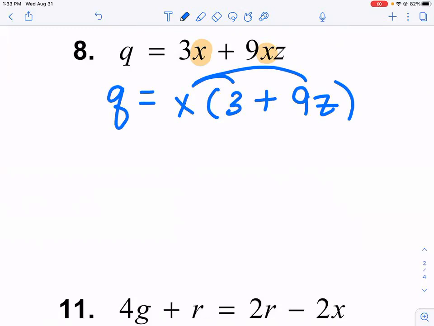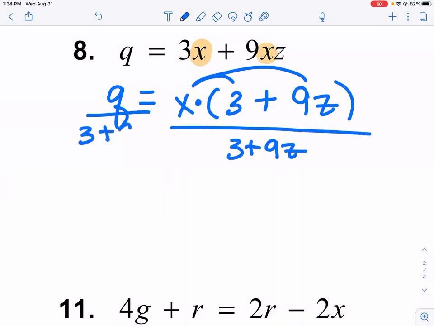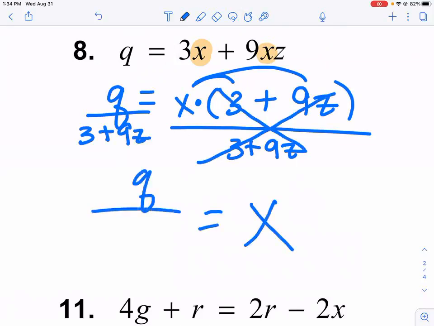So since I had 2 different x terms that I couldn't combine together, I rewrote it to a distribution problem. Now it's tied by multiplication. Oh, did you get divide? And x equals q divided by 3 plus 9z.